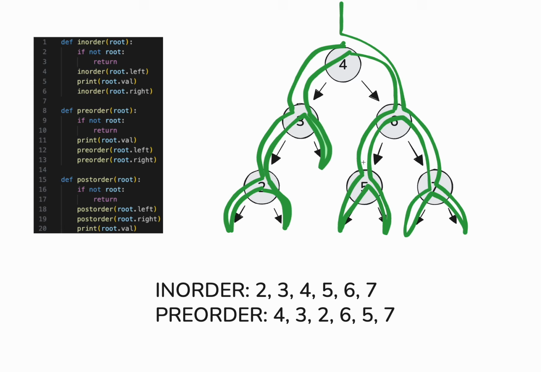Then crawls up. Again, Inorder is processing each node after you've finished processing its left children and before processing its right. Preorder is processing a node immediately upon visitation. Then we'll look at postorder here next.